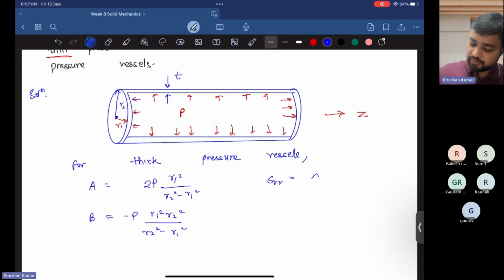Sigma r is given by A by 2 plus B by R1 square, and sigma theta theta is given by A by 2 minus B by R2 square.